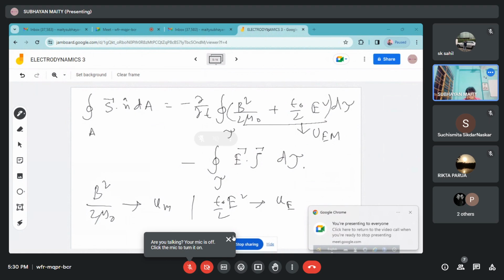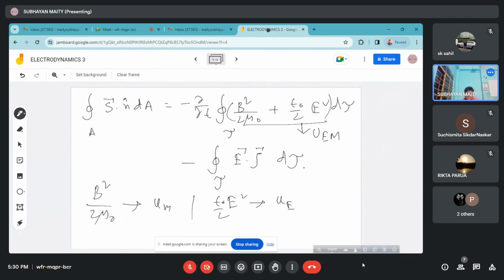So this one, integration over tau E dot J d tau, it yields the total ohmic dissipation. What do you mean by ohmic dissipation? Ohmic dissipation is nothing but the energy dissipated per unit time from or to the electromagnetic device.